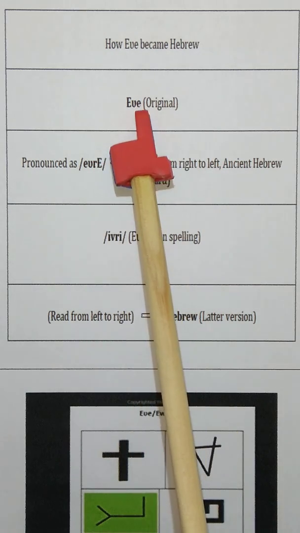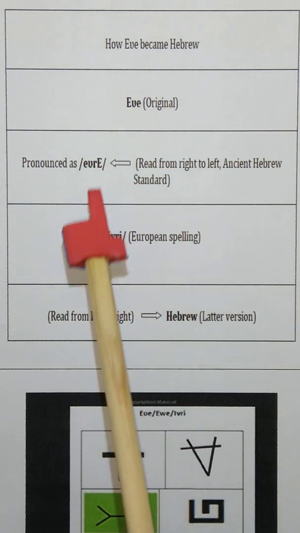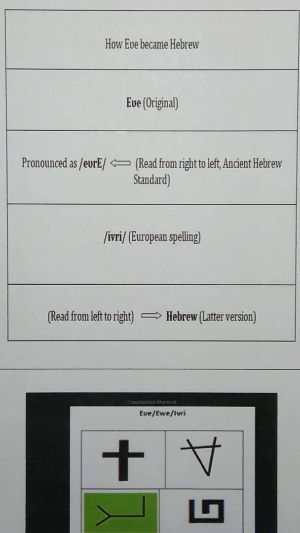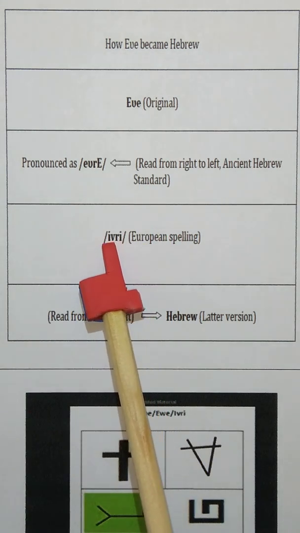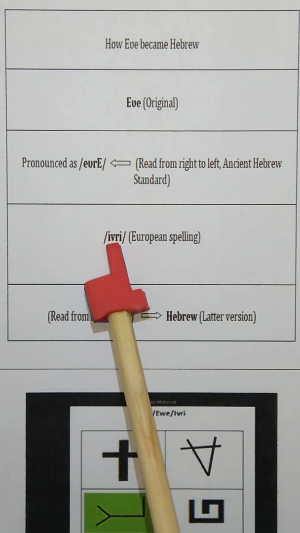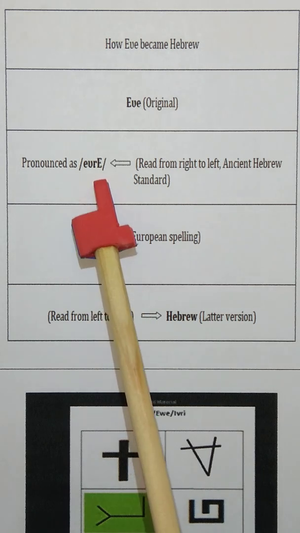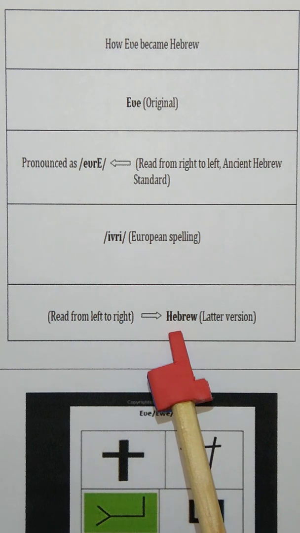Now the verb in Eve is not available in the English language. It is not available in the European languages. Wherefore, it was substituted with either a V, which is a letter V, which is close in resemblance, or by a letter B, which is close in sounding.